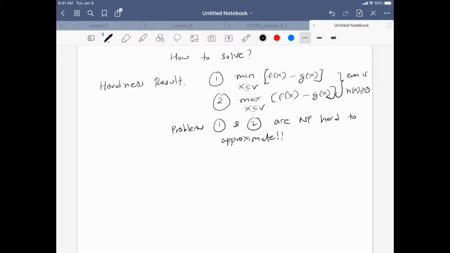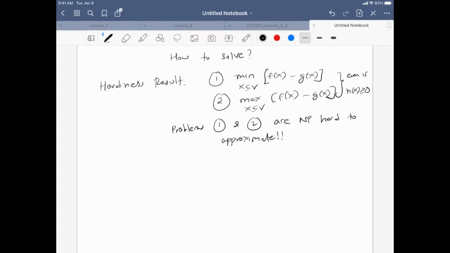It's much harder to approximate this, in theory. You cannot get any constant factor or even any polynomial approximation factors. So these problems are very hard.